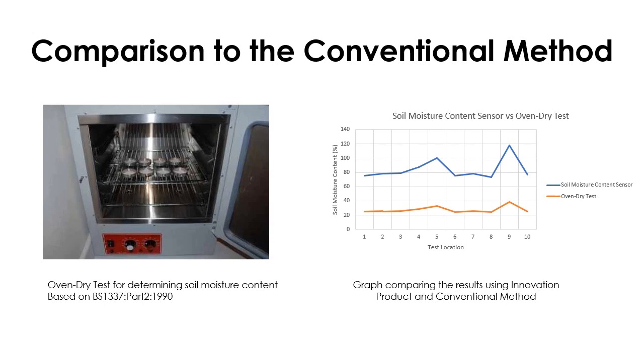The results are shown in the graph on the right side. As you can see, the actual soil moisture content might not be the same for the conventional method and the Island System, but they show a similar trend. So we can say that there must be some coding error that we need to improve so that we will get more accurate results.